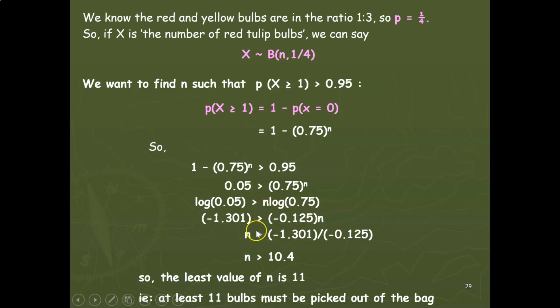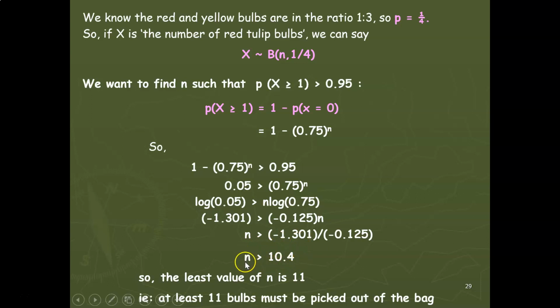So n must be greater than this thing over here. Okay, then we rearrange this. So you bring this over here. You will have negative 1.301 divided by negative 0.125. So you get n must be greater than 10.4.